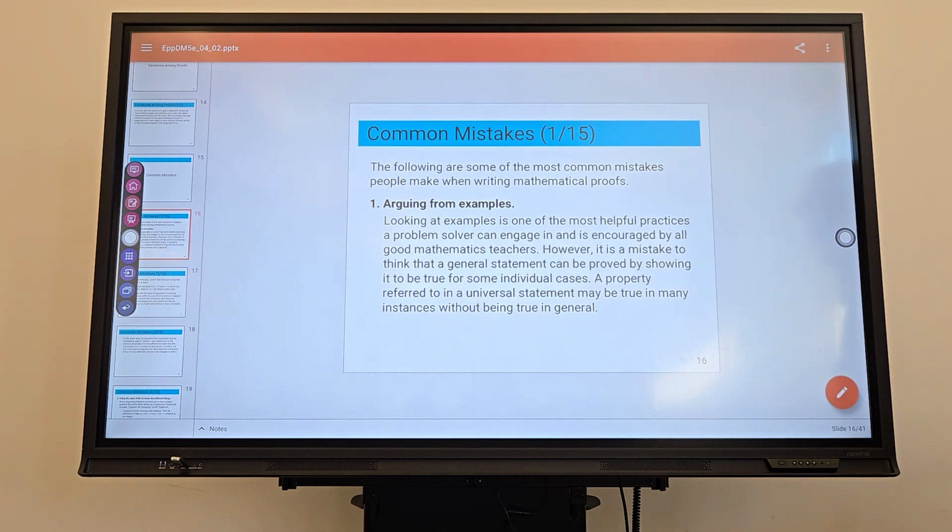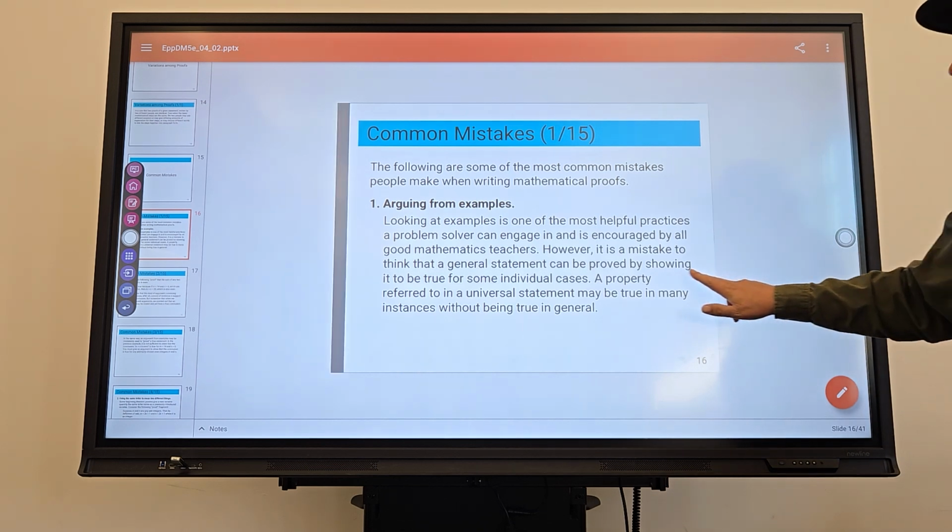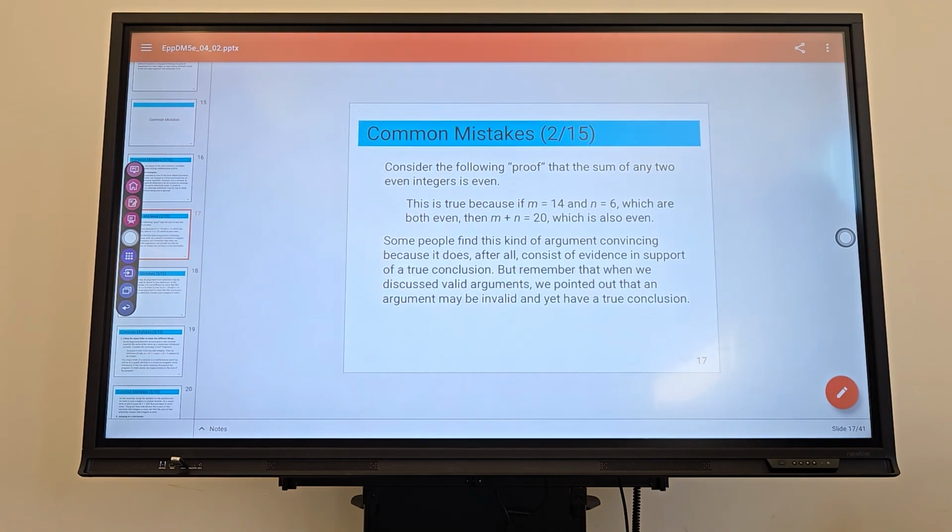It uses the example of the proof that the sum of any two even integers is even. This is true because if m is 14 and n is 6, which are both even, then m plus n equals 20, which is also even. That's just one example. It doesn't mean it's true for everything.